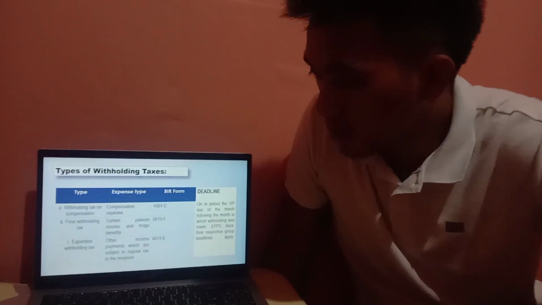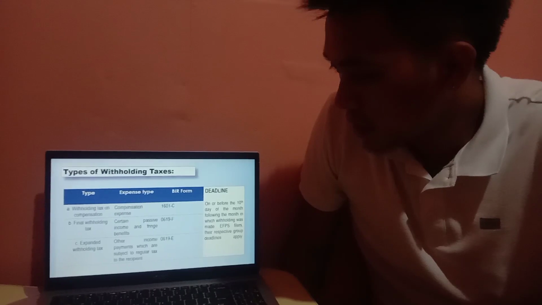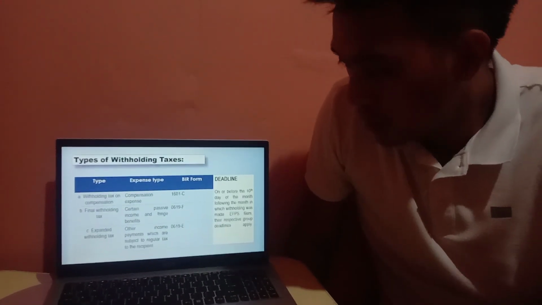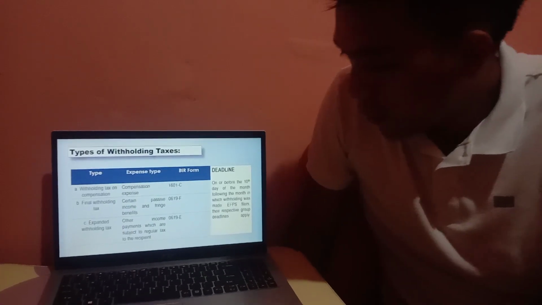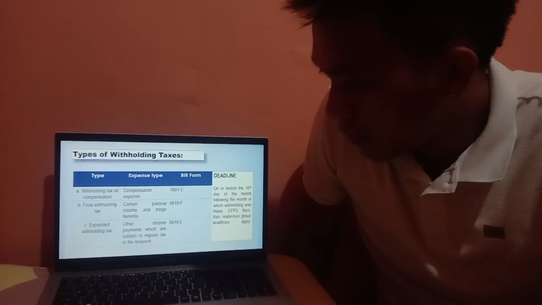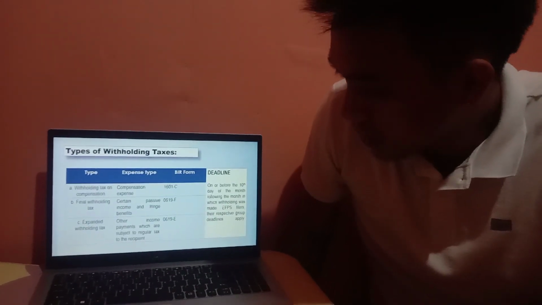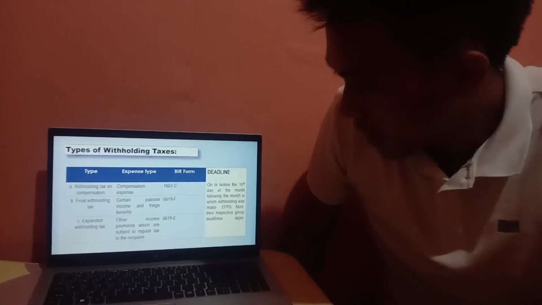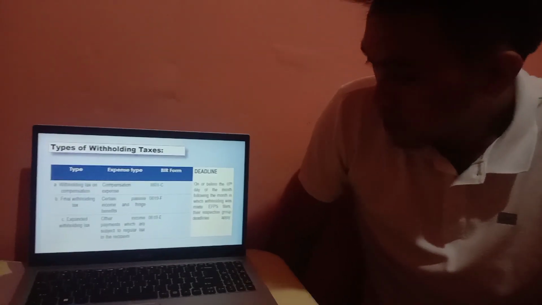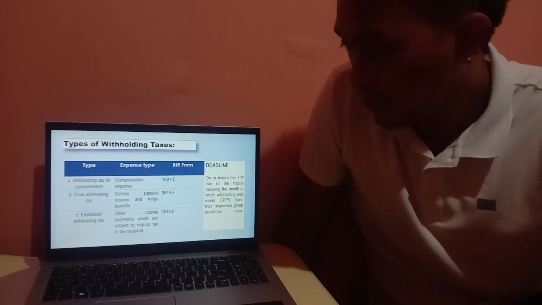First, withholding tax on compensations. Expense type: compensation expense. BIR Form 1601C. Second, final withholding tax. Expense type: certain passive income and fringe benefits. BIR Form 0619F.